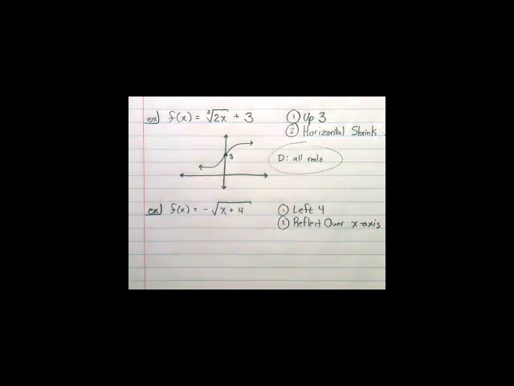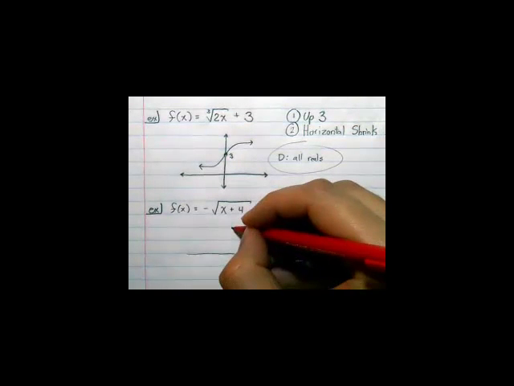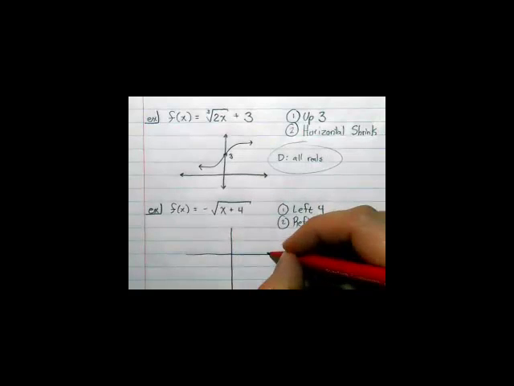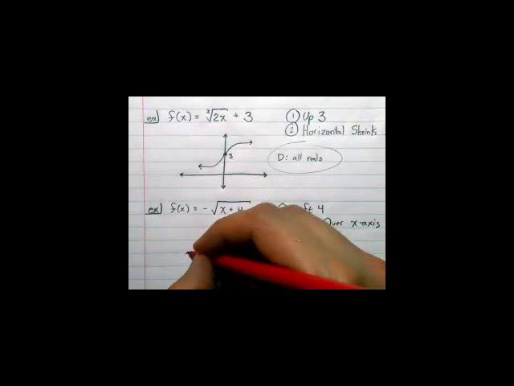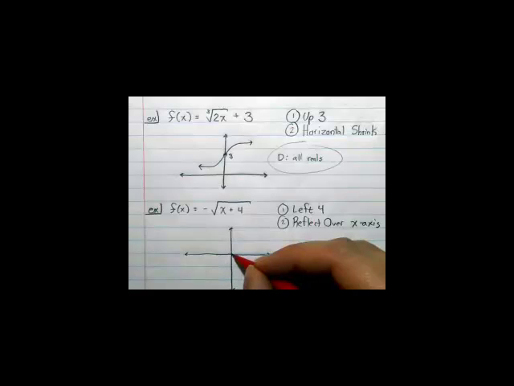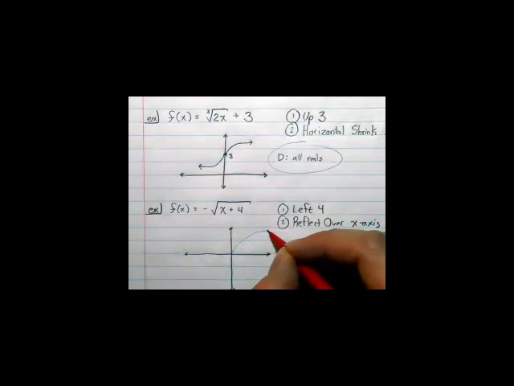Okay. So, this means that I need to take my square root graph that we had up at the top. I need to move it to the left 4 and then reflect it down over the x-axis. Sketch what that would look like. Okay, so normally a square root looks like that.